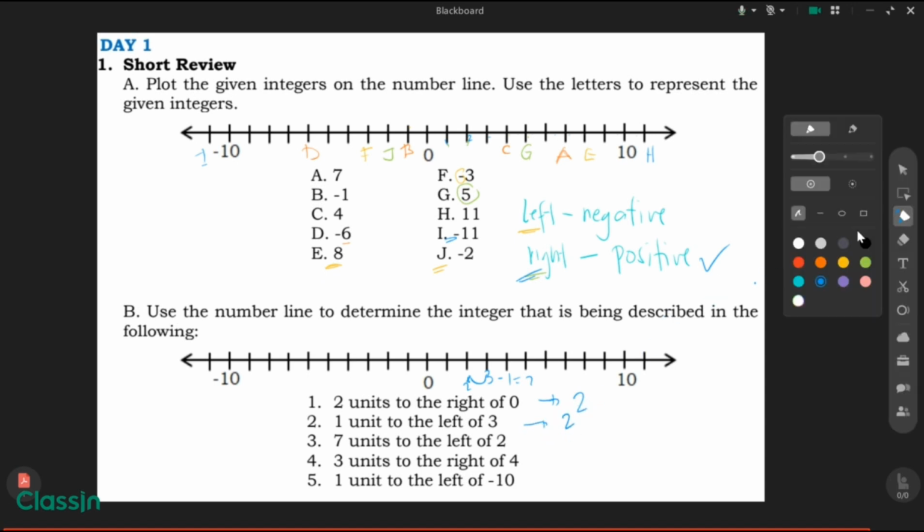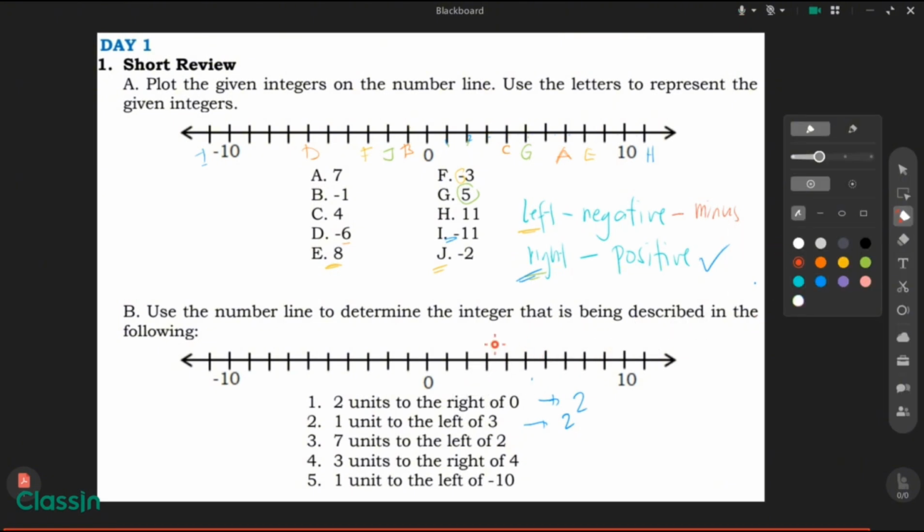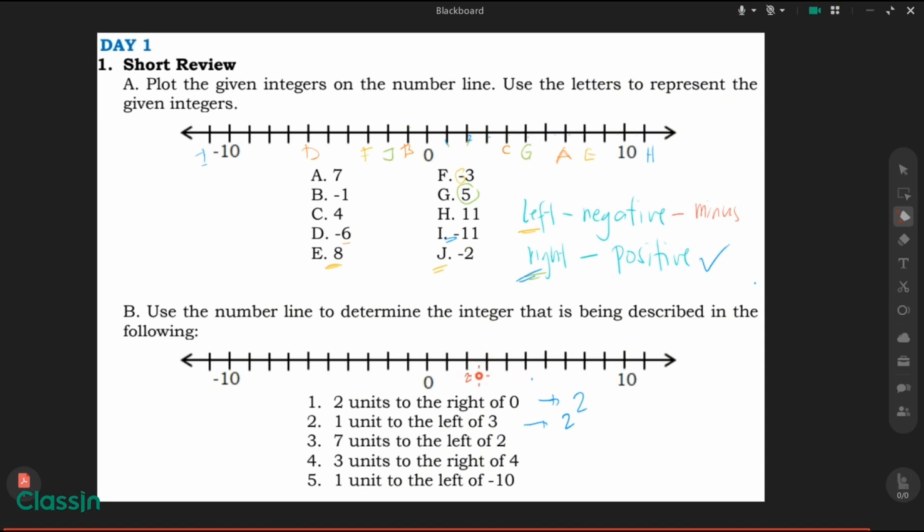Again, to the left means negative, or you are going to move one step to the left, or say minus. Now, what about 7 units to the left of 2? Let's say that number 2 is in here, 2 units to the right of 0.